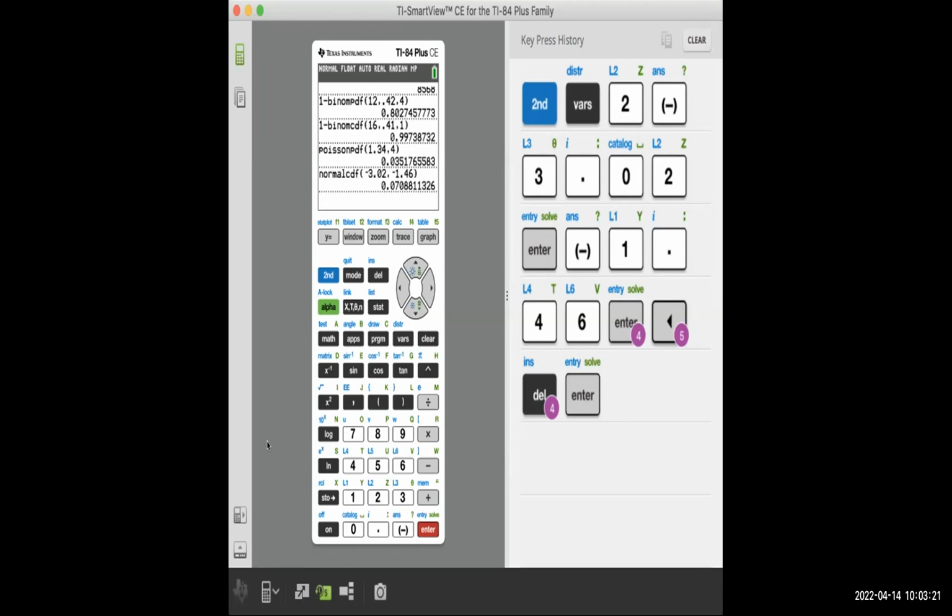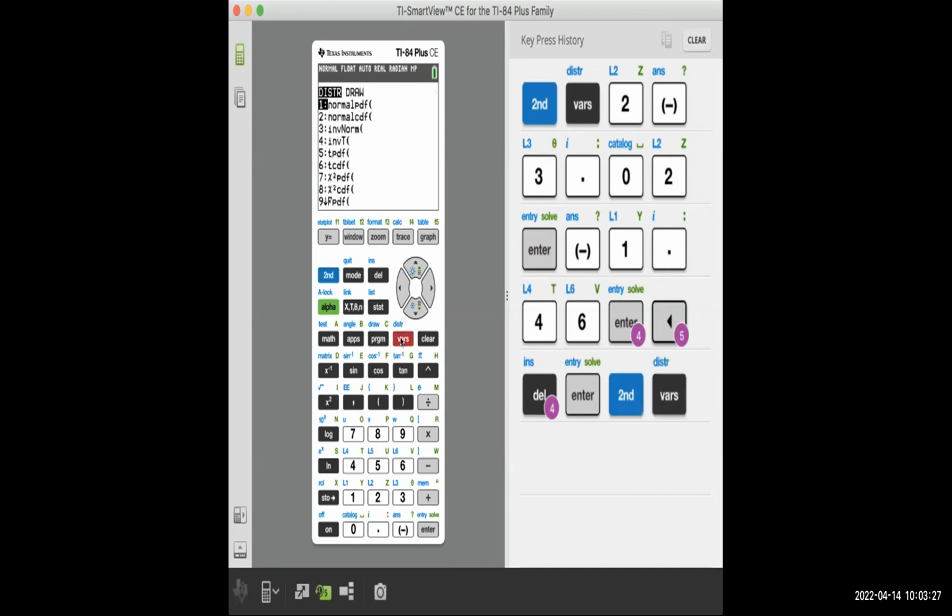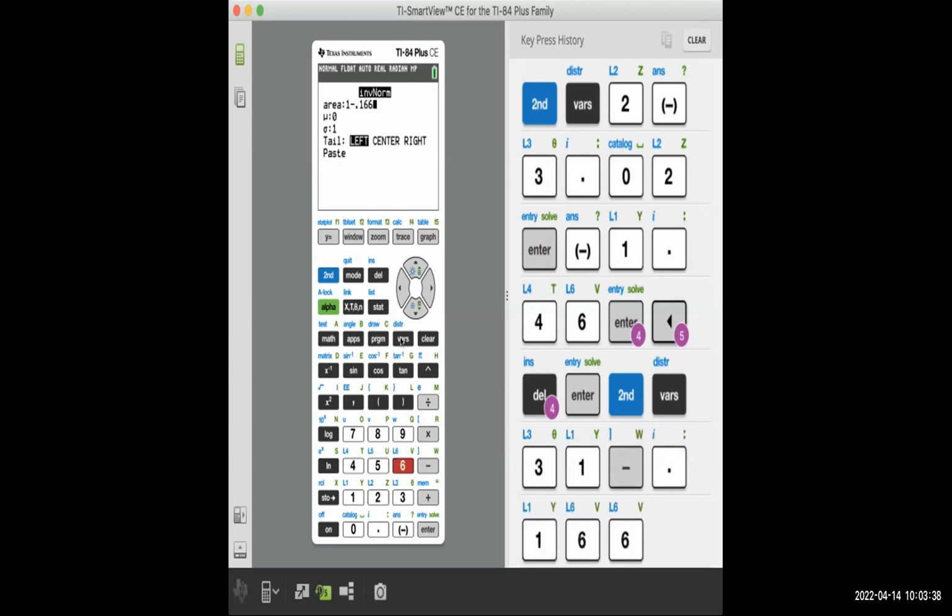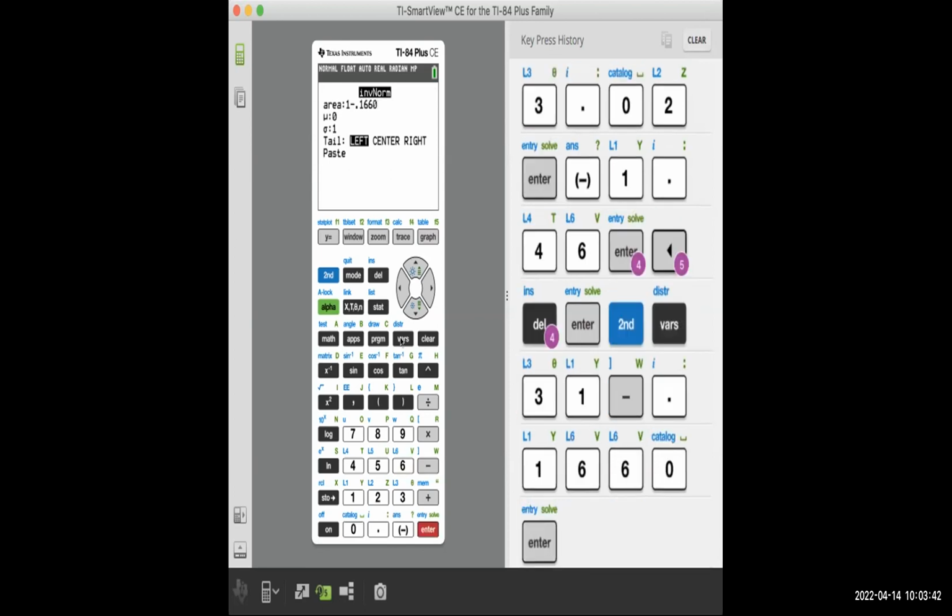So let me type in the inverse norm of 1 minus 0.1160. It's standard, so I won't need to change any of these, and this will be my left tail.